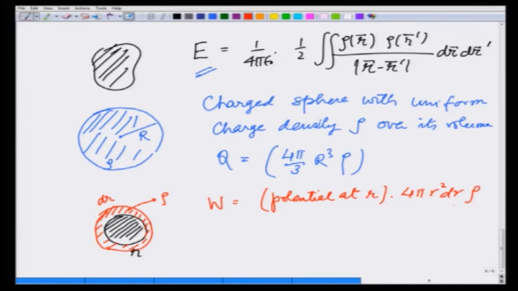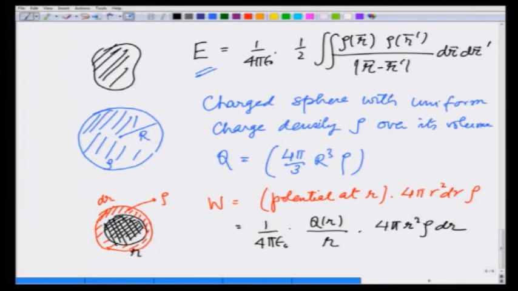Now, potential at r due to this black sphere that is of radius small r is going to be equal to 1 over 4 pi epsilon 0 times the charge inside this radius r sphere divided by r.